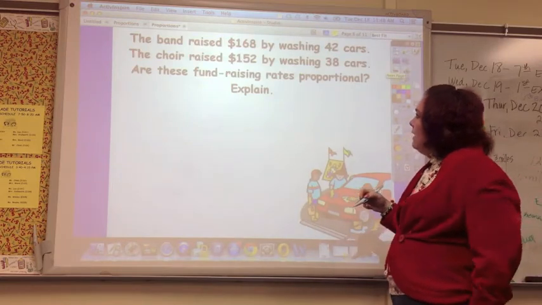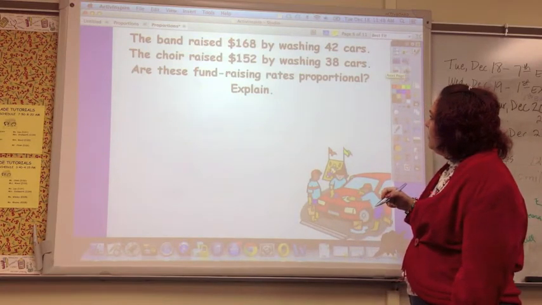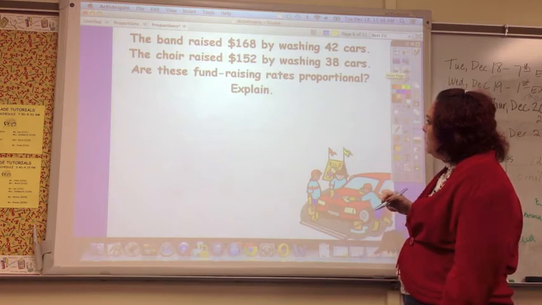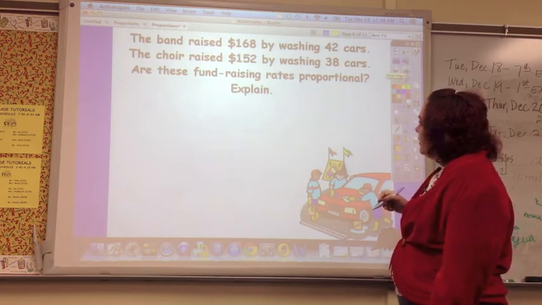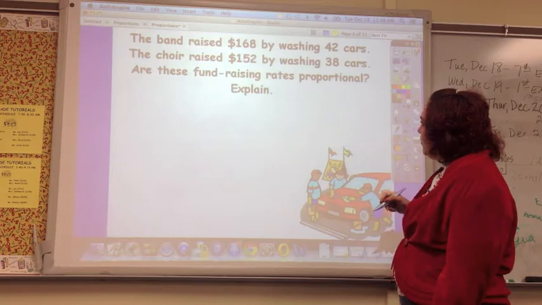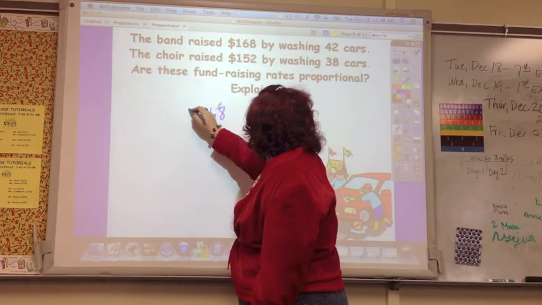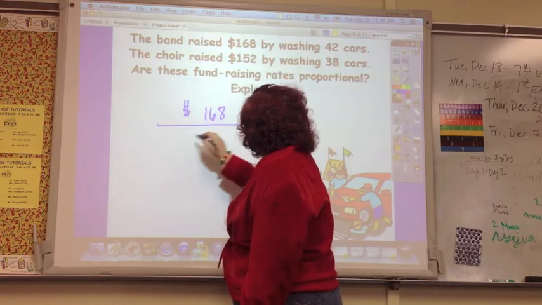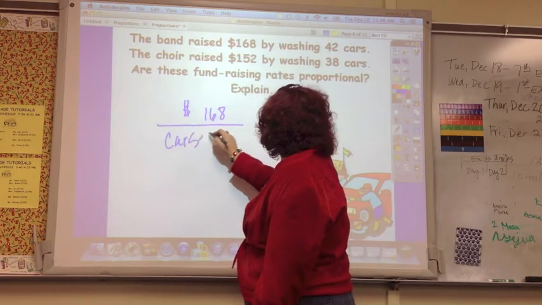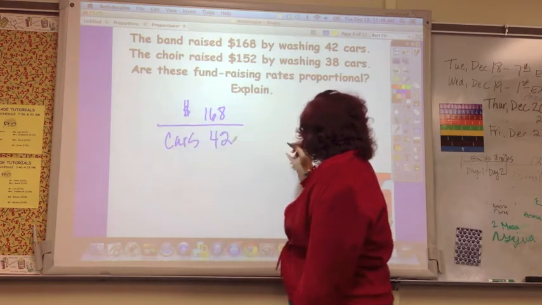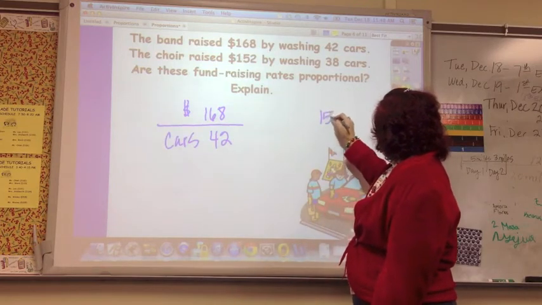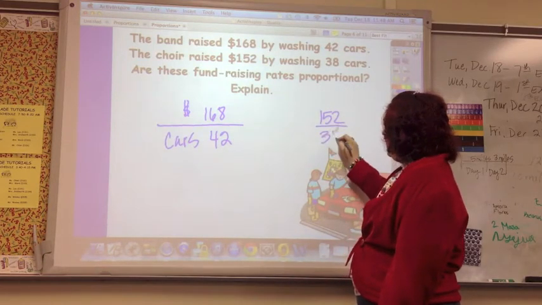The band raised $168 by washing 42 cars. The choir raised $152 by washing 38 cars. Are these fundraising rates proportional? Explain. So 168, so money to cars, and 152 to 38.